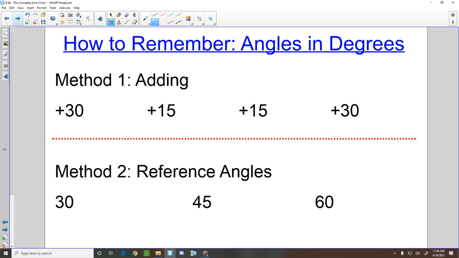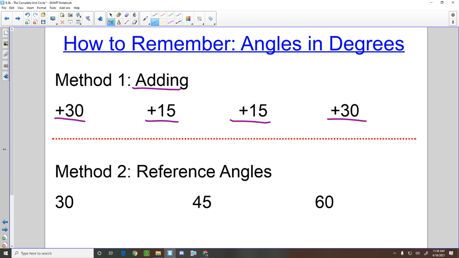So there are 2 quick, easy ways to remember all of the angles on the unit circle as you spin around it, starting at 0. One of the easiest ways that I've seen students do is simply adding in this pattern. Starting at 0 degrees, which is to the right, the positive x-axis, you just add 30, then 15, then add another 15, then add another 30.